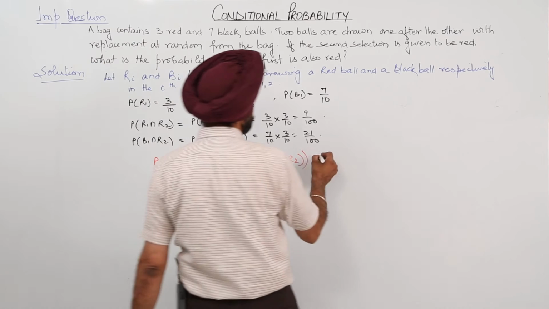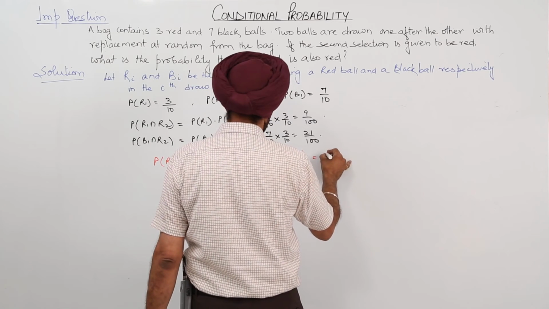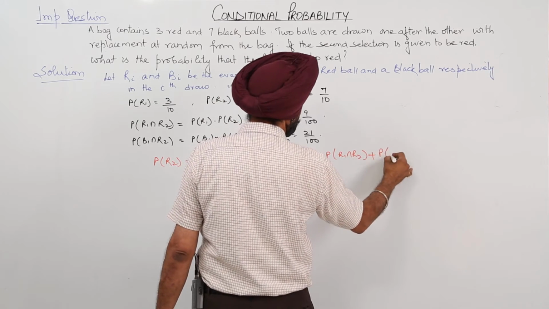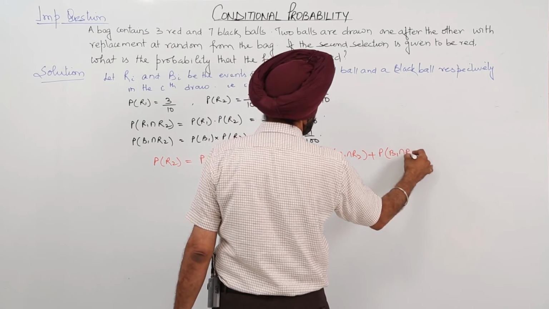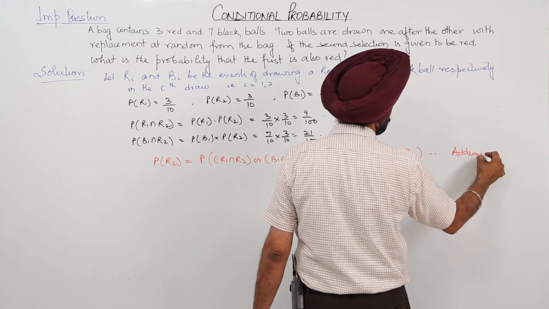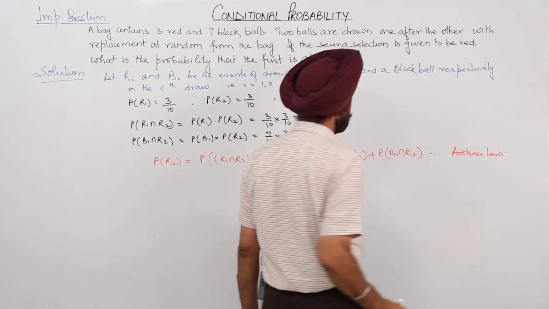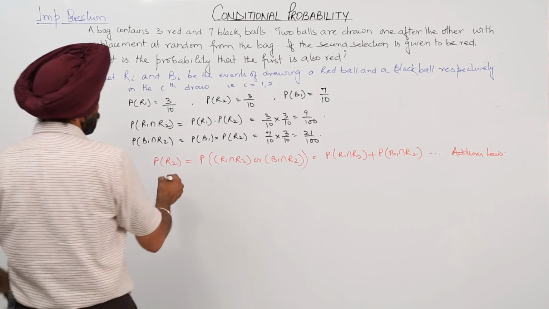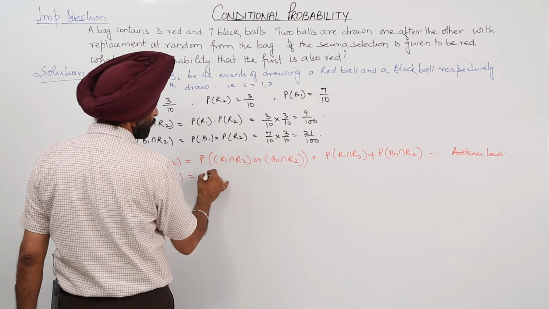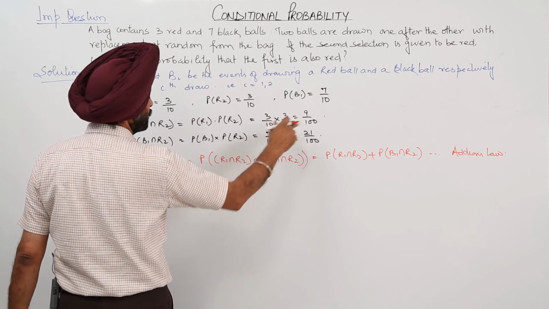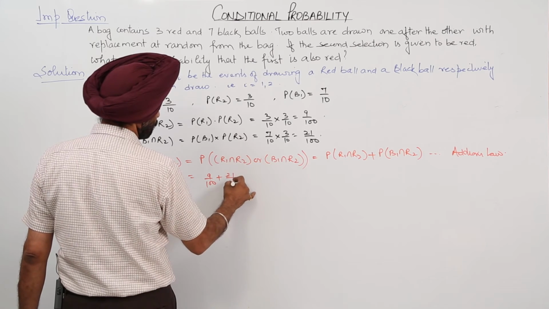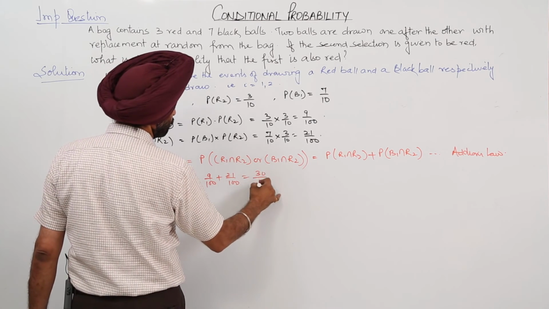So now this can be further written as probability of R1 and R2 plus probability of B1 and R2, addition law or addition theorem. Now this is equal to, R1 and R2 we are having 9 upon 100, 9 upon 100 plus 21 upon 100, this is 30 upon 100.